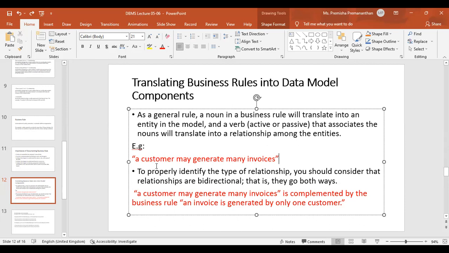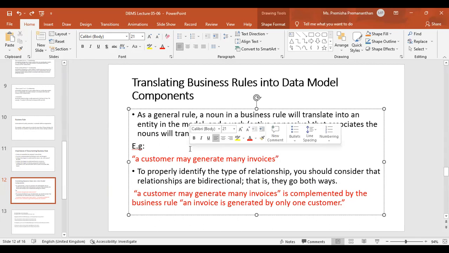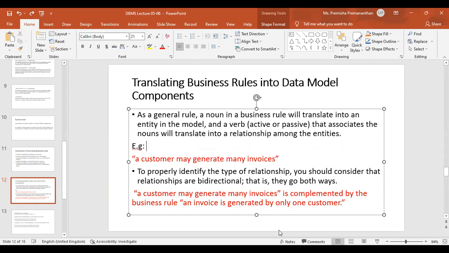Whatever the instance of the entity here, many or one, you have to consider it in both directions. There is an example: lecturer teaches students. I'll put it in the chat.